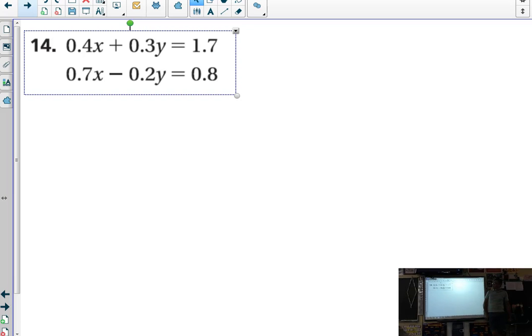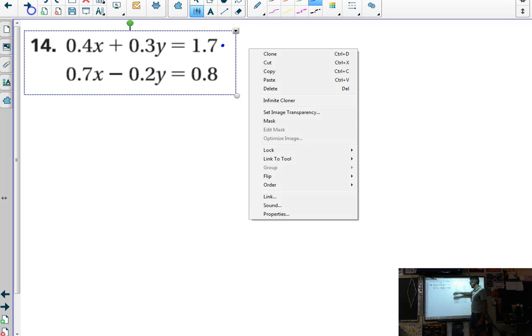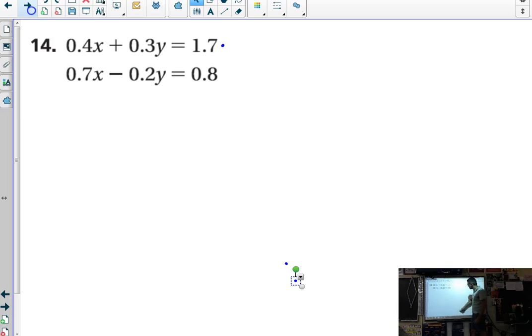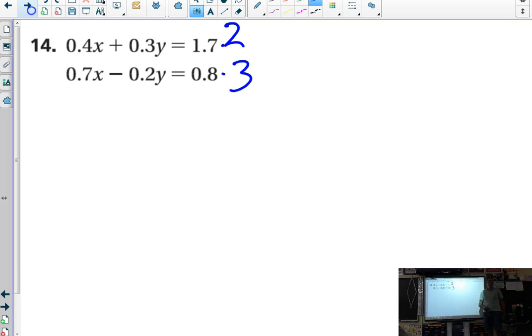So if I want to cancel out the y's here, I'm immediately thinking I can double this whole thing, double that whole thing, triple that whole thing, and it'll be good. But if I want to get rid of the decimals and use integer values, what could I do instead?